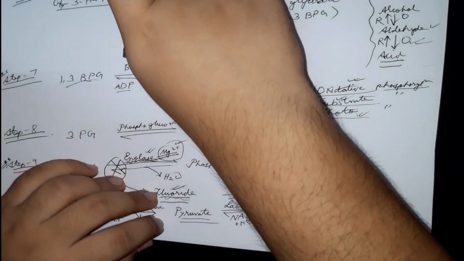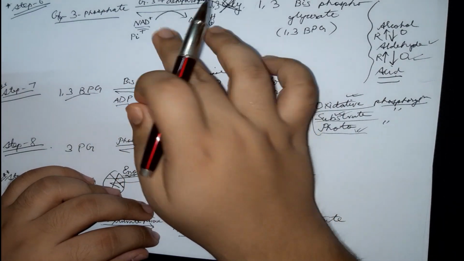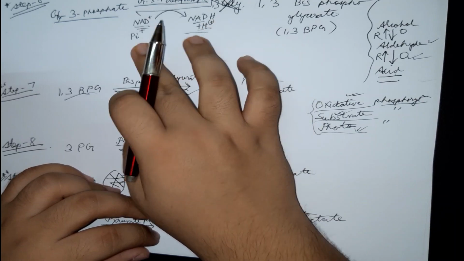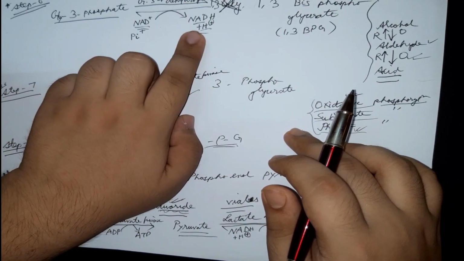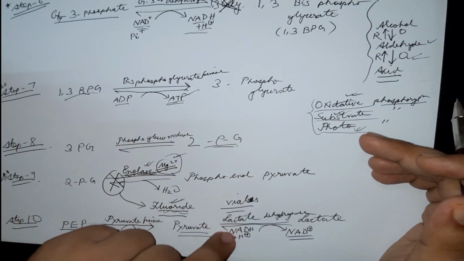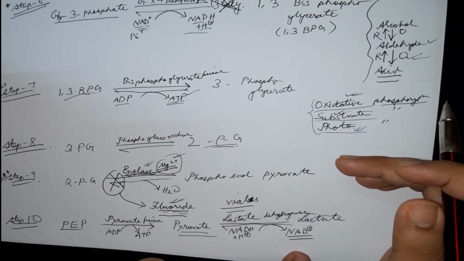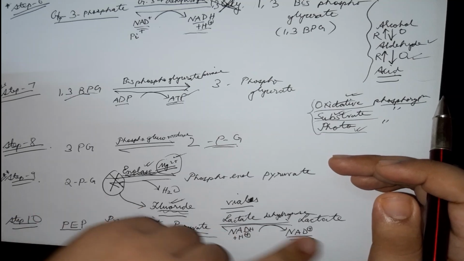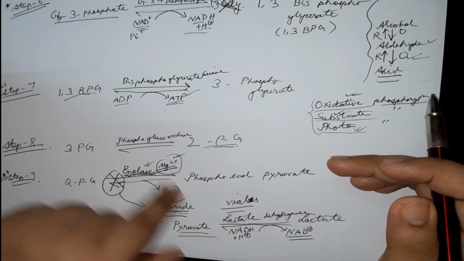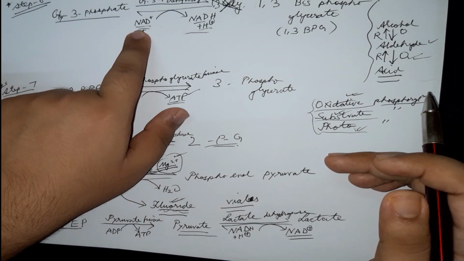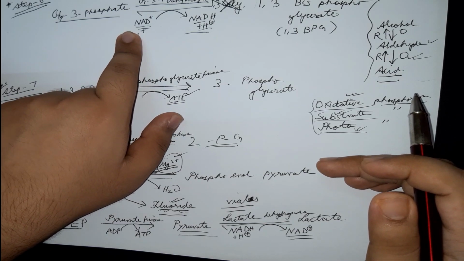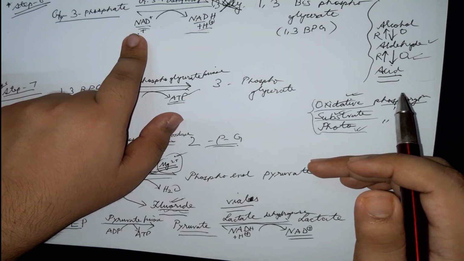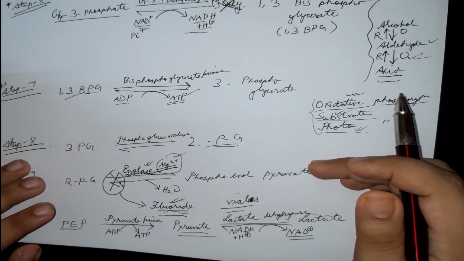So NAD plus has to be supplied. What happens is that this NADH plus H plus which is formed is reconverted to NAD plus at the end, pyruvate to lactate, and the NAD plus is again channeled back to the 6th step. So what happens in aerobic cases?